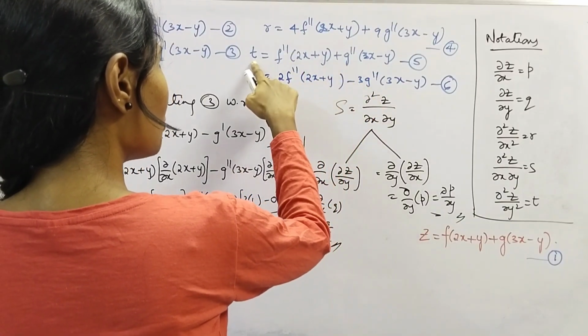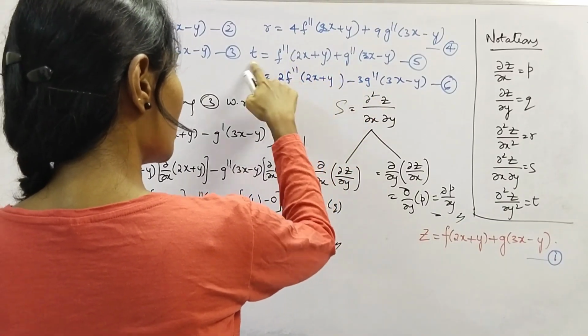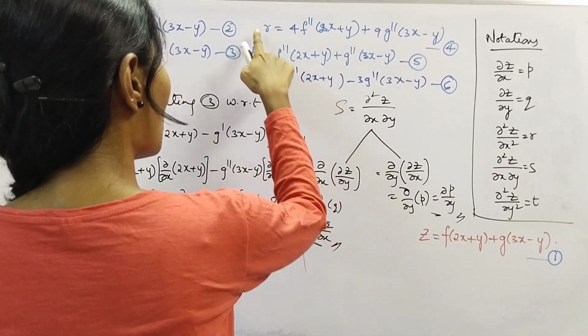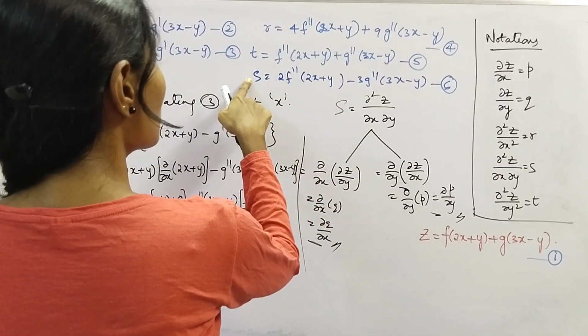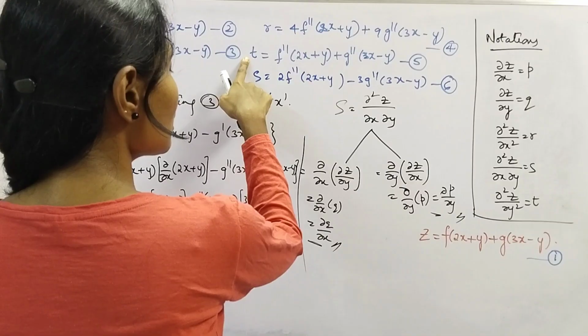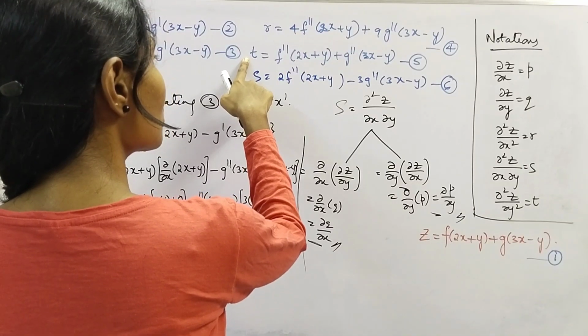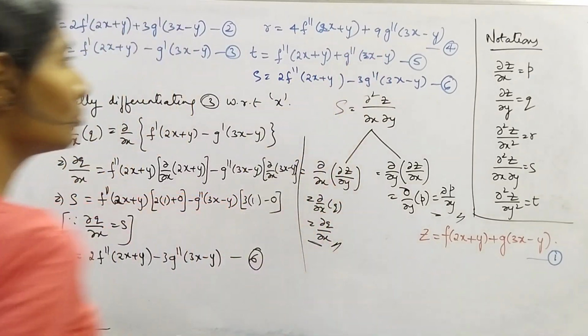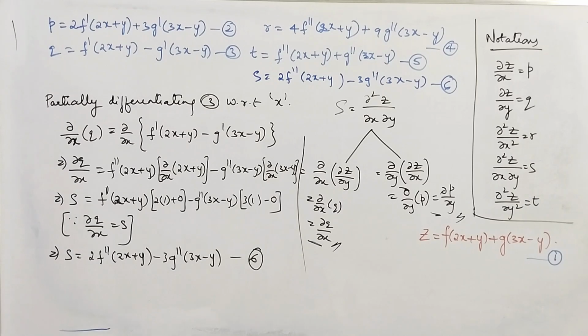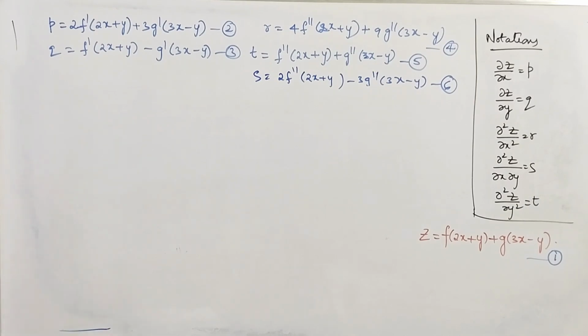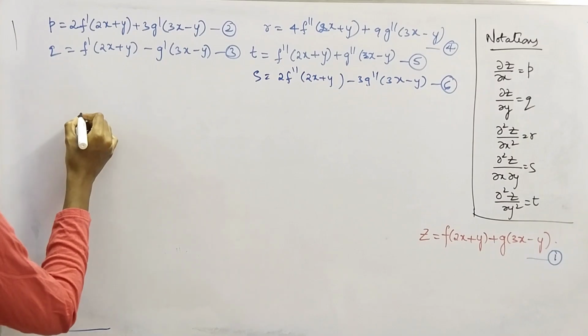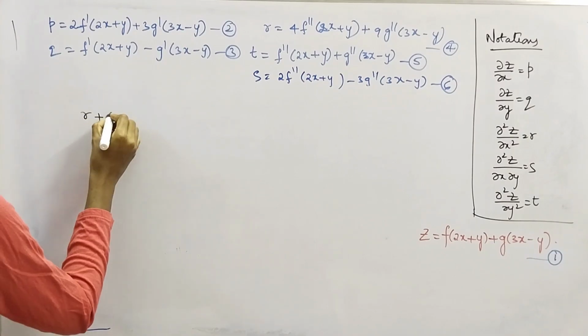So, you can multiply 6 on both sides of the equation, so that you will get r plus s minus 6t gives something. Let's see that. I'm doing r plus s first.